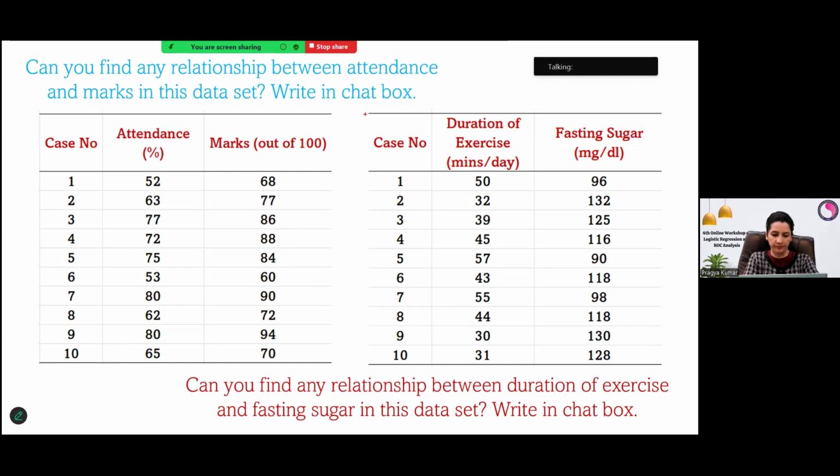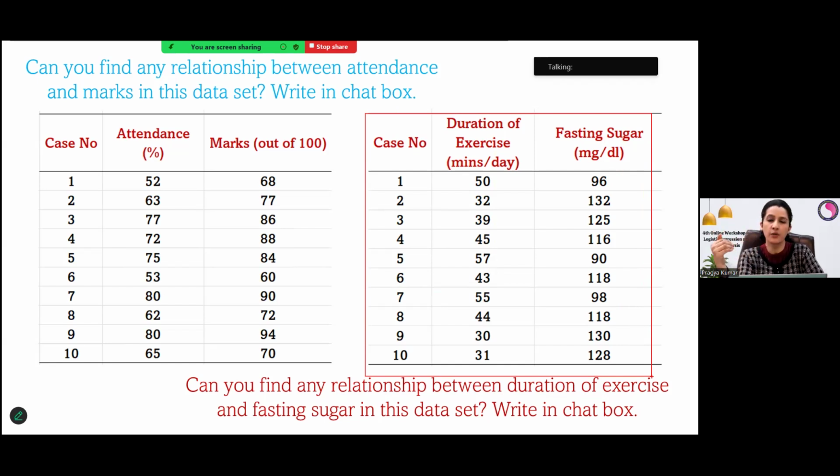Dr. Priyanka is writing more exercise duration, less fasting blood sugar. Yes, so it is negative. In the first case, you have seen that it was positively correlated.